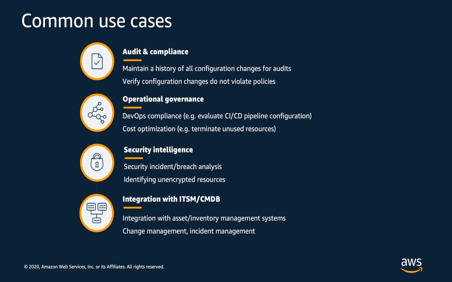AWS Config is also commonly used for security intelligence, for example, reviewing the changes that occurred after a security breach or identifying resources that are not encrypted. Again, as we mentioned before, Config can be easily integrated with your own ITSM tools to enable change management and incident management workflows as needed.